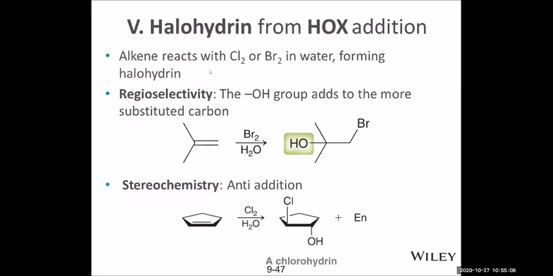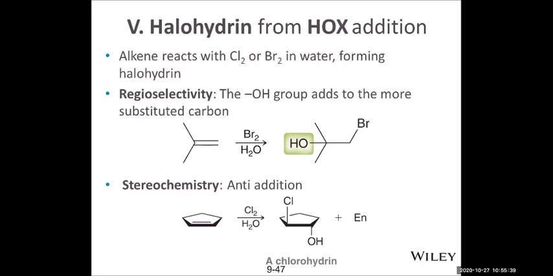This kind of reaction is when not only the halogen acts as an electrophile, but also water acts as a nucleophile. The difference is that the first step is very similar to the addition of a halogen, forming the bromonium ion, but in the next step the nucleophile is water, no longer bromide, because bromide is at a lower concentration than water.